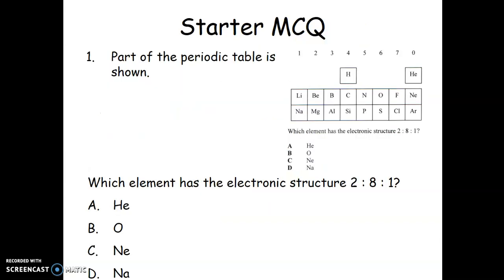So to start with, there are some questions you can have a go at, so if you want to pause the video and have a go at these, we will go through them in a moment. So I'm just going to click through the slides, then I will go through the answers, but obviously as you watch the video you can pause it and have a go at each question individually. So there is question 1, based on the information on the screen.